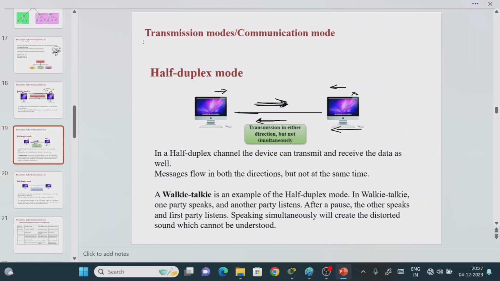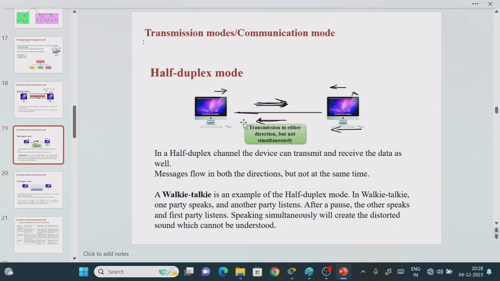Where do we use half duplex in real-time scenarios? We might have seen walkie-talkies in our real life, right? It's an example of the half duplex mode. In a walkie-talkie, one party speaks, and the other person listens and cannot reply. You might hear that when someone finishes speaking, he will say "over".